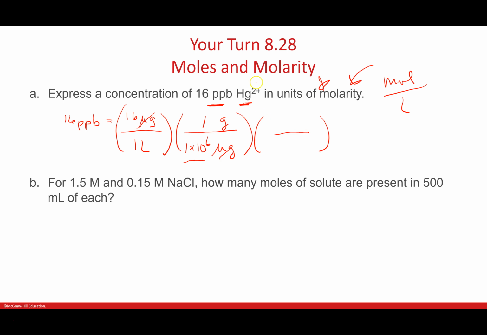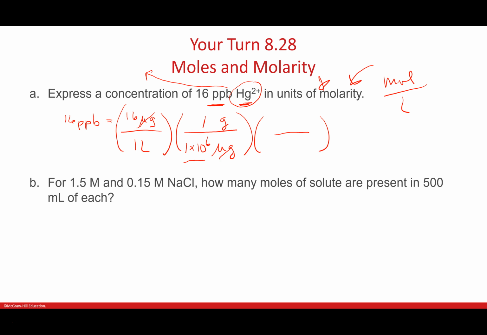Now, Glenna, find mercury on the periodic table and tell me what its molar mass is. Did you say 100?